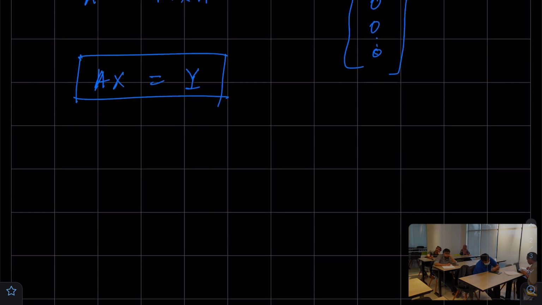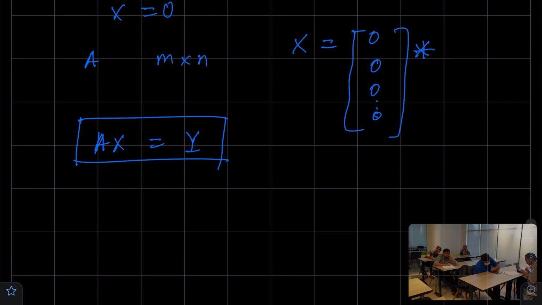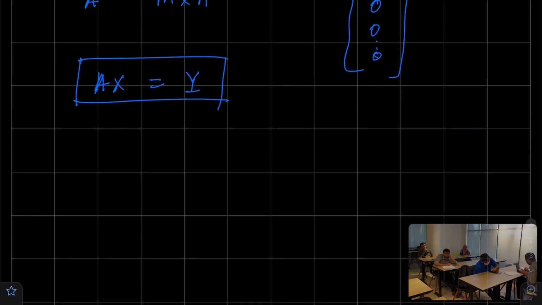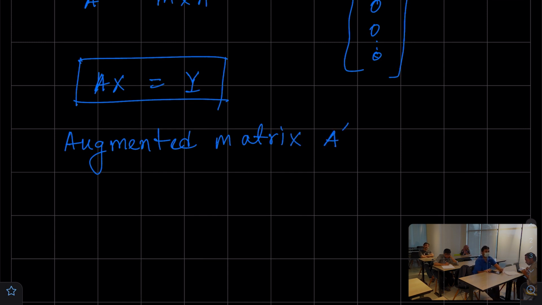Okay. So now I can form an augmented matrix from this inhomogeneous system Ax equals y.